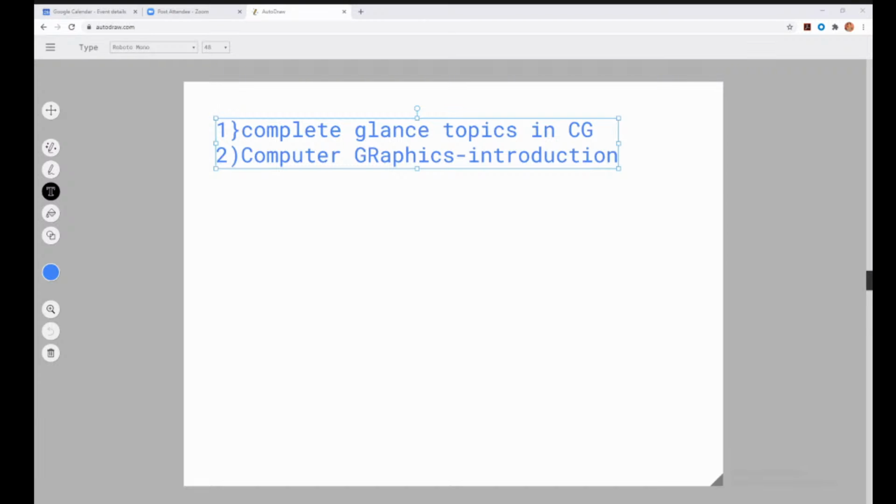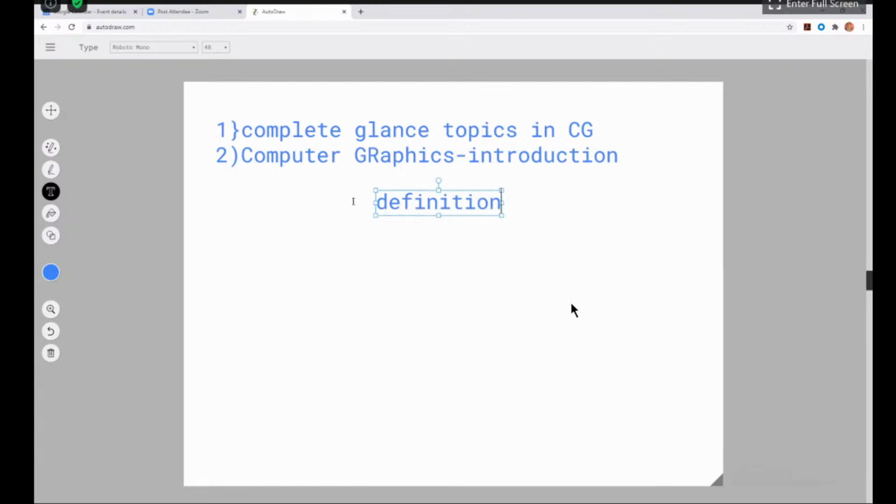Next, after the computer graphics introduction, what is the third one we have seen? Yes, we have seen what computer graphics is and its definition.